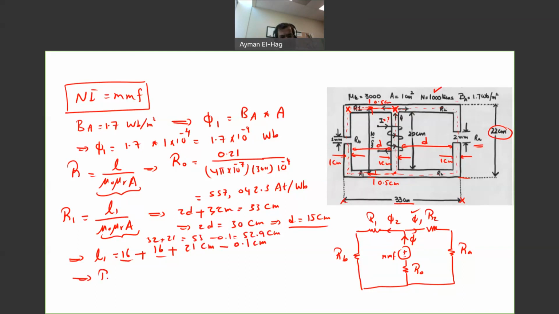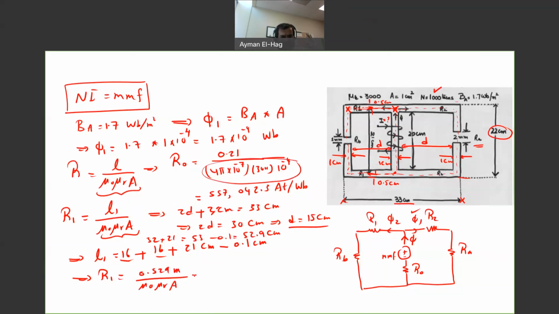So your reluctance 1 is equal to 0.529 meter divided by the same values that we have in the middle branch, which is mu 0 mu r. This is constant, doesn't change. It's the same as this value.